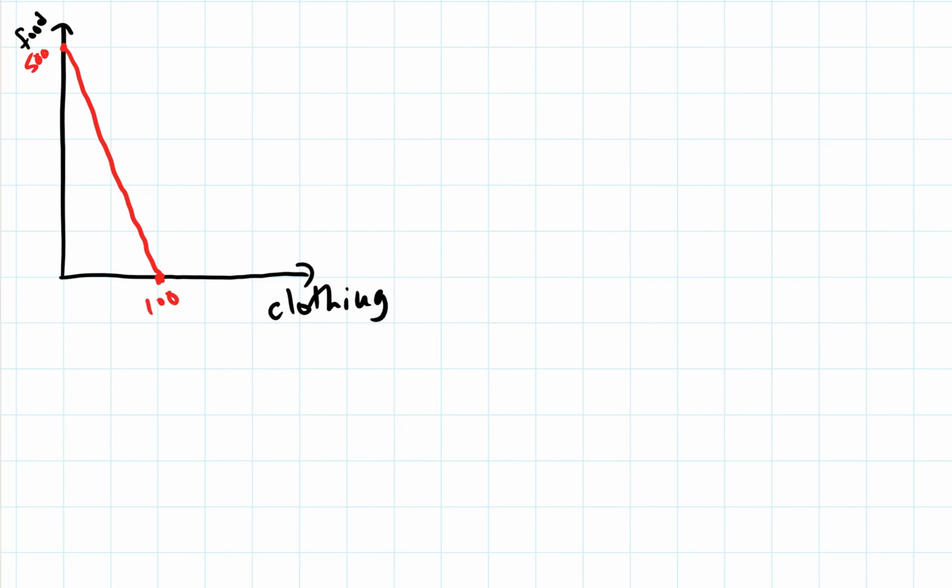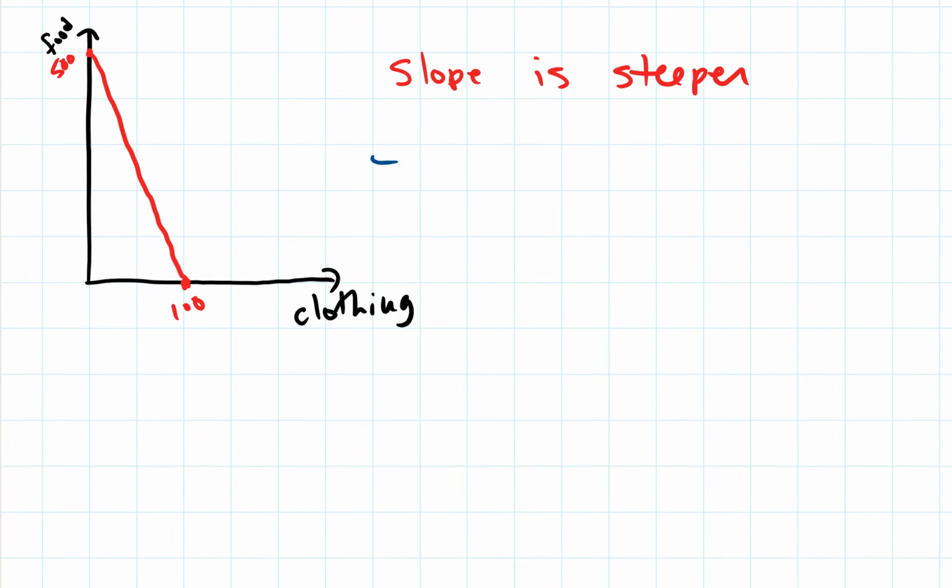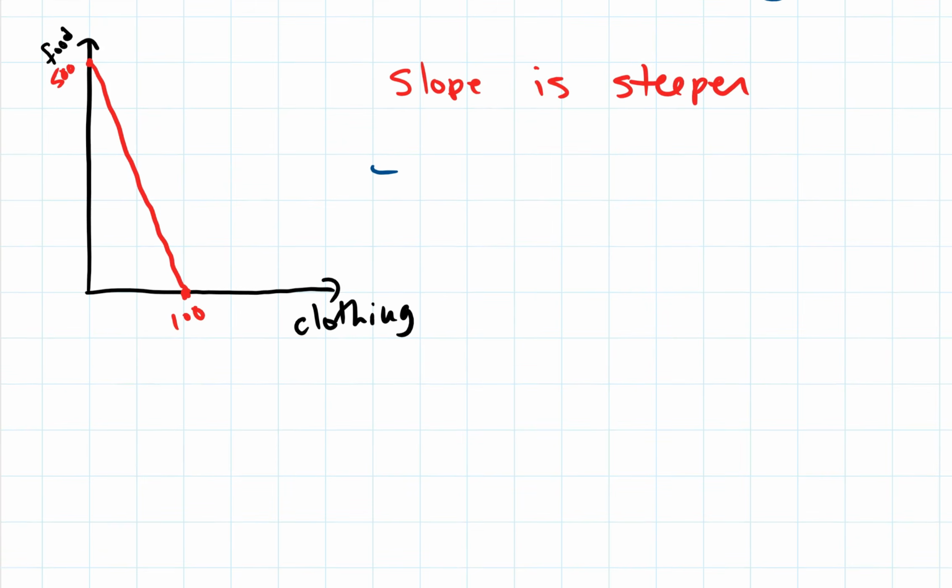Okay, so the slope tells us that if our slope is steeper, then the item on the x-axis, in this case clothing, has a bigger opportunity cost.